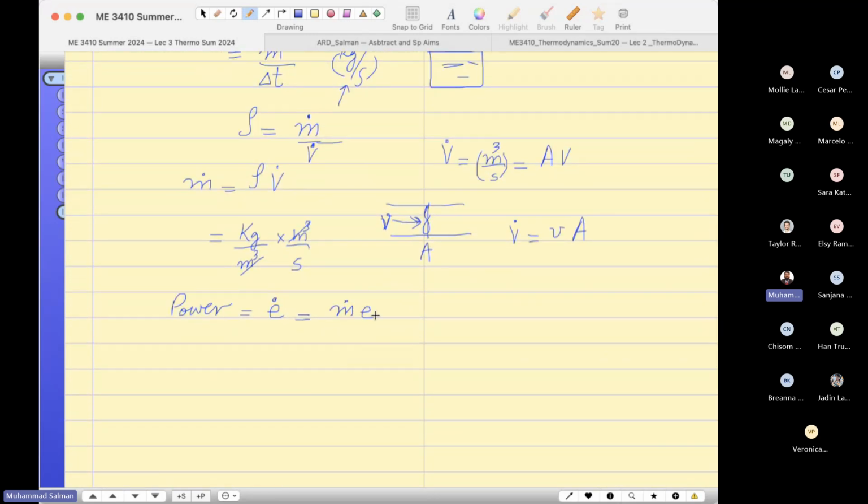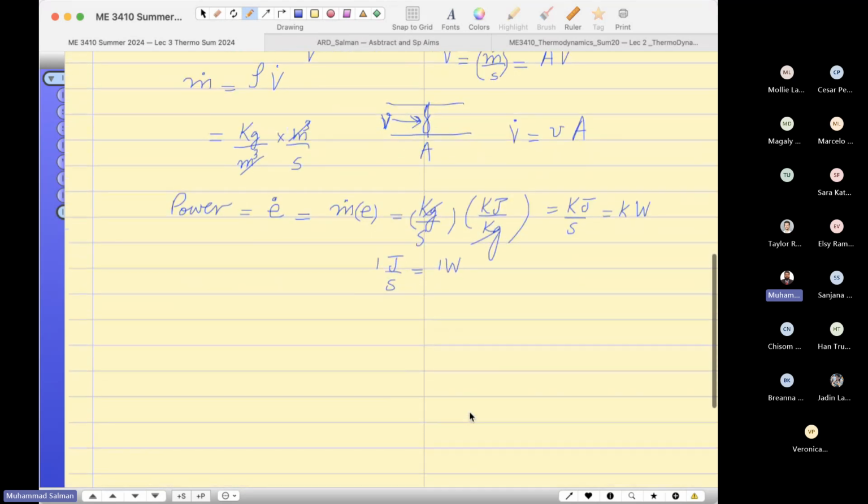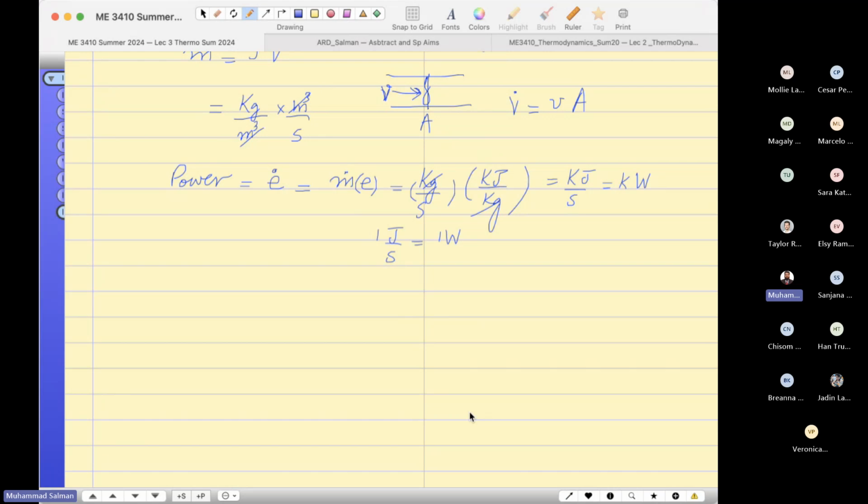To find the unit of power, the mass flow rate has a unit kilogram per second times the unit of E, which is kilojoules per kilogram. After simplification, you are left with kilojoules per second or kilowatts, because 1 joule per second equals 1 watt. This is again the big picture where we are heading.